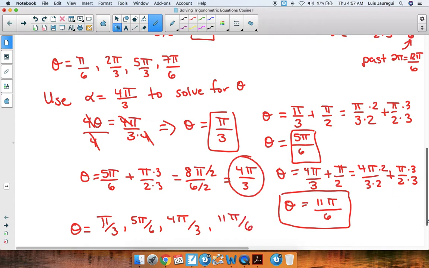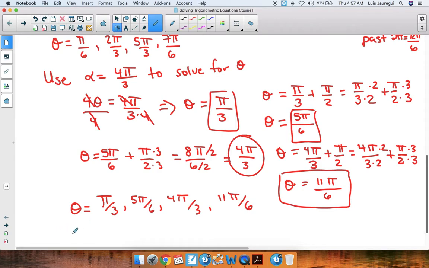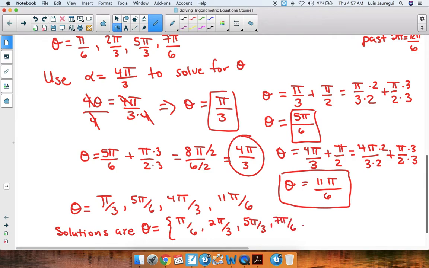So now, to finish up the problem, our solutions are theta equal to, let's include the previous 4, pi over 6, 2 pi over 3, 5 pi over 3, 7 pi over 6, pi over 3, 5 pi over 6, 4 pi over 3, and 11 pi over 6.